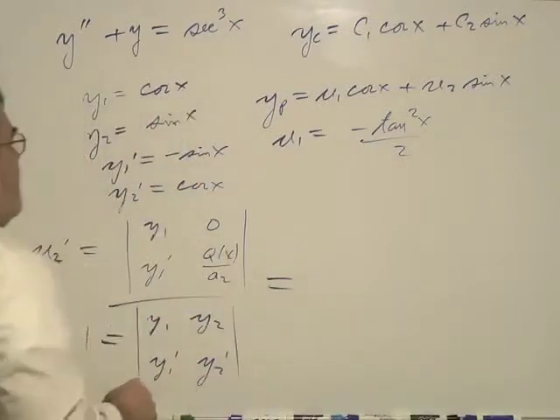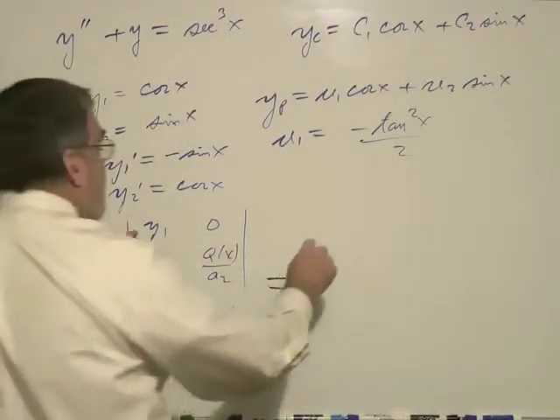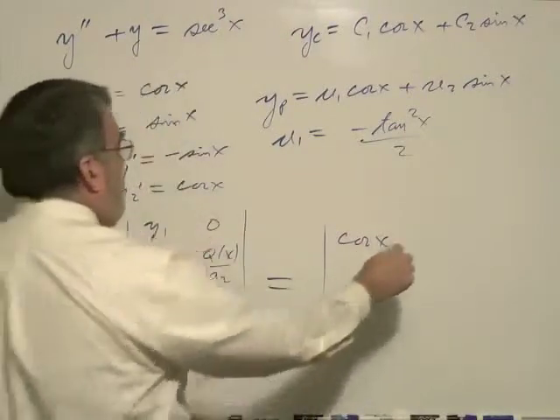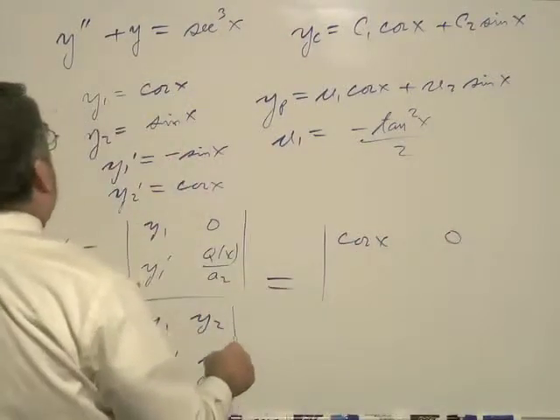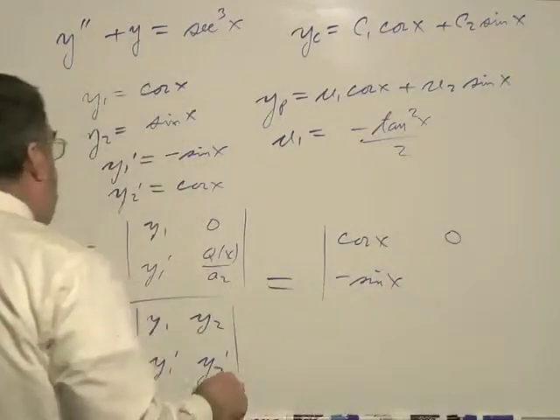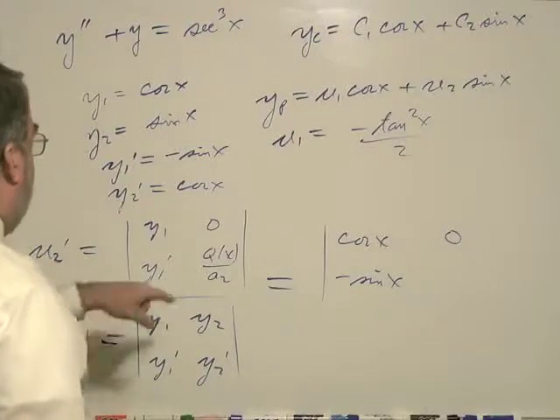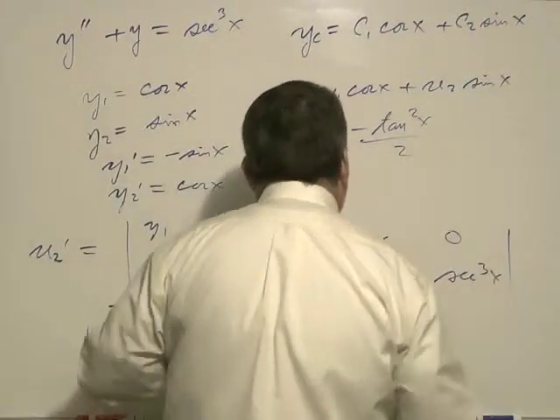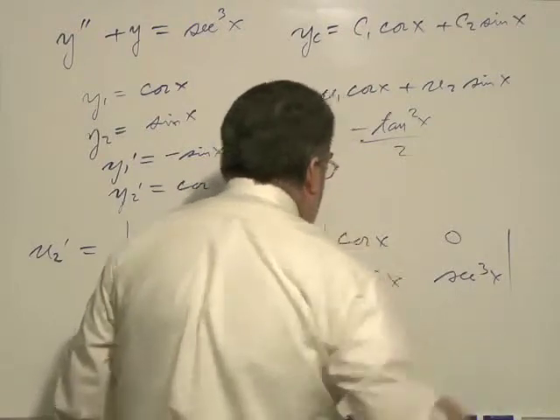Let's plug things in here. y1 is cosine x, and then 0, and then y1 prime is minus sine x. And q of x was secant cubed over 1, so it's just secant cubed x. Again, this was all divided by 1.